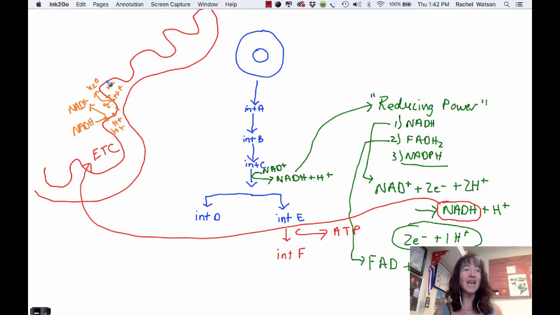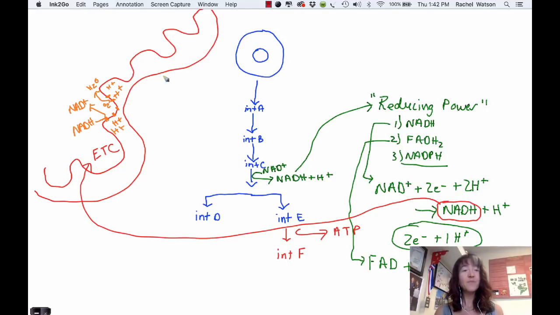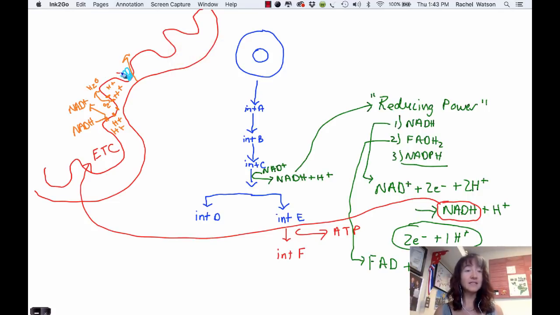So there's a beautiful machine called ATP synthase that also spans the inner membrane of the mitochondrion in a eukaryote. And when it allows hydrogen ions to swoosh back in to the mitochondrial matrix, it powers the production of ATP on the inside of the matrix.